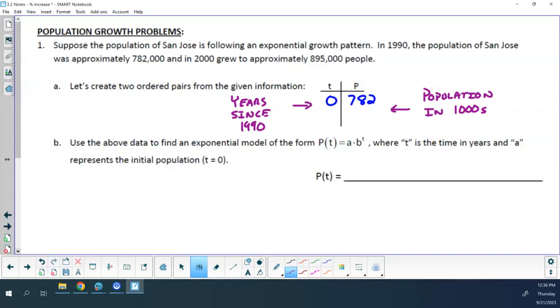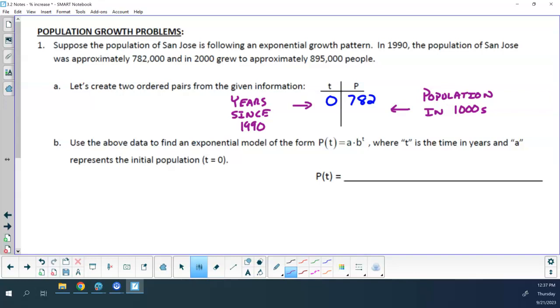I love that because our numbers are smaller. Now, could we have still gone with 1990 and 782,000, which Sadie was going to, that was the question she had asked? Yeah, we could have. Our numbers aren't going to be as nice, but we could still do that.